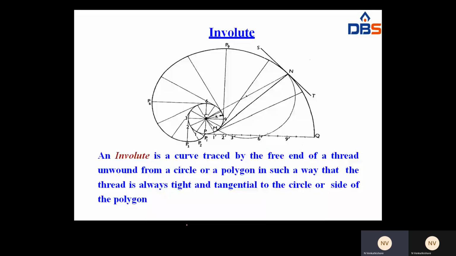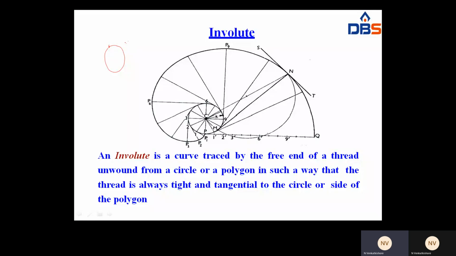If you take any circle or any polygon and wound a thread around the circumference of the circle.